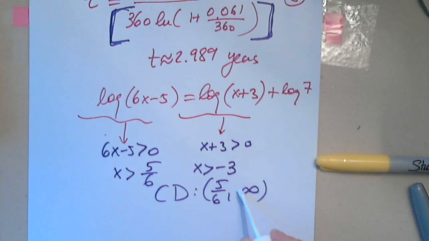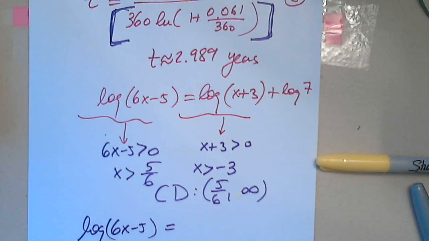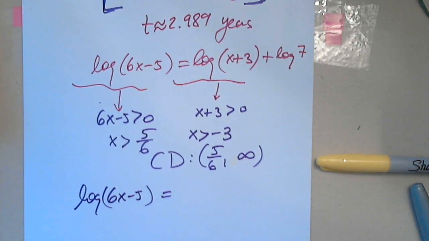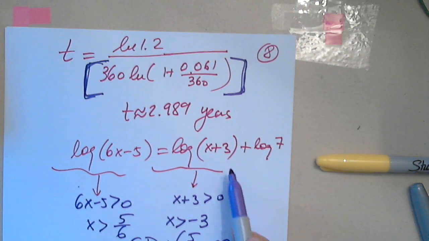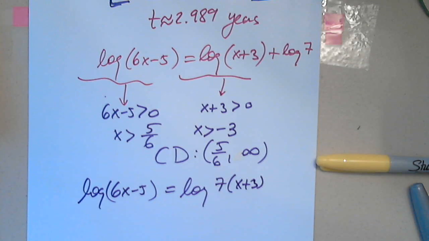And now let's condense. The left-hand side is log of 6x minus 5, and the right-hand side is log 7 times x plus 3. Good. Okay. The next step, very clear. Distribute 7.